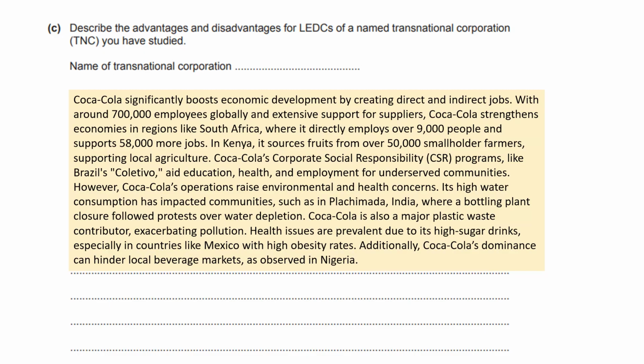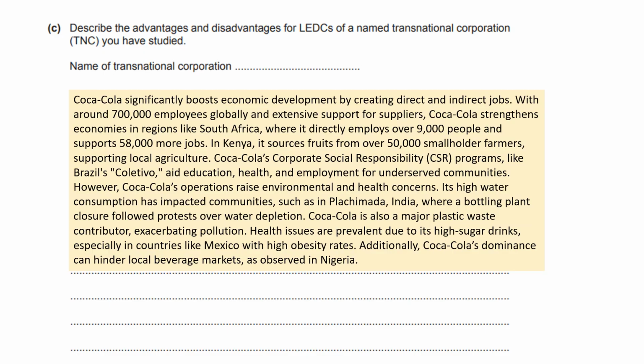Now, Coca-Cola has strengthened economies in regions like South Africa. We are bringing in place specific reference, where it employs over 9,000 people and supports 58,000 more jobs. In Kenya, it sources fruit, so it supports local agriculture there too. Then Coca-Cola corporate social responsibility programs like in Brazil aid education, health, and employment for underserved communities. However, when you see however there, we are now switching to disadvantages.